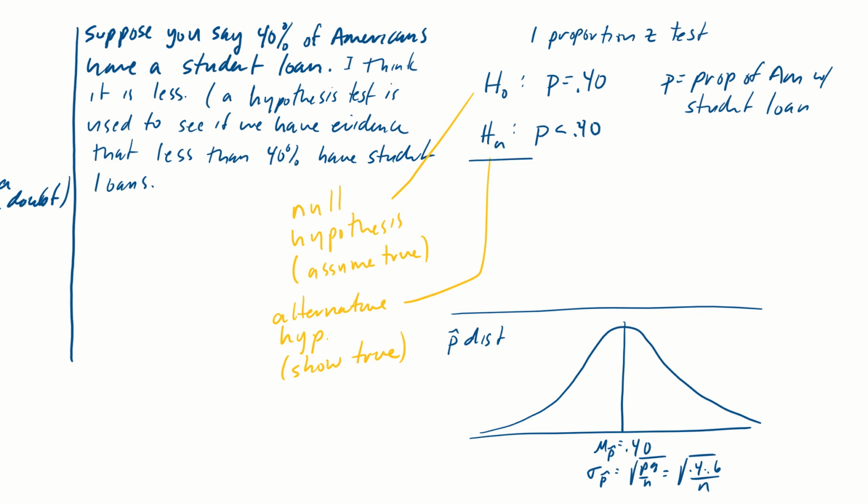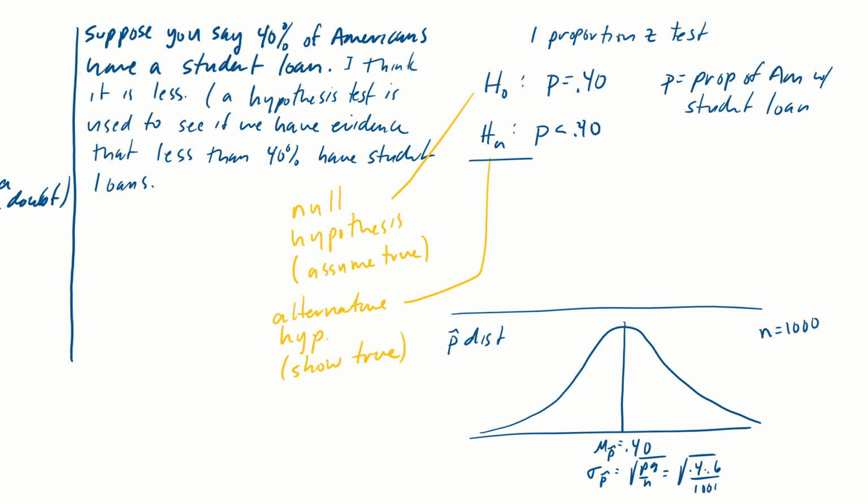Okay. So what this p hat distribution is, just to remind you, is if I take a sample, any sample, and let's actually use samples of size 1000. So that would make this n 1000.